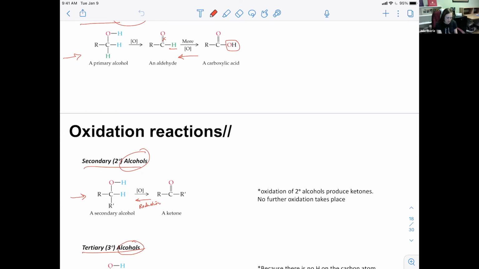So the carbon that is bonded to the OH group is going to become a carbonyl carbon. The rest of the molecule, the other bonds on that carbon, everything else stays the exact same. The only thing that changes is the bond between the carbon and the oxygen, and we remove a hydrogen.